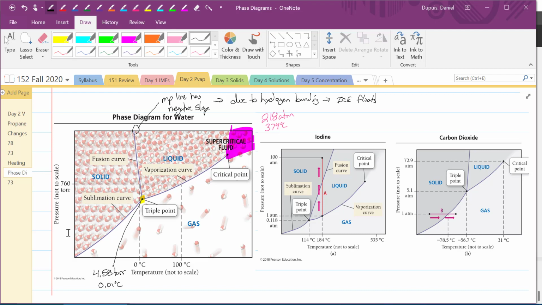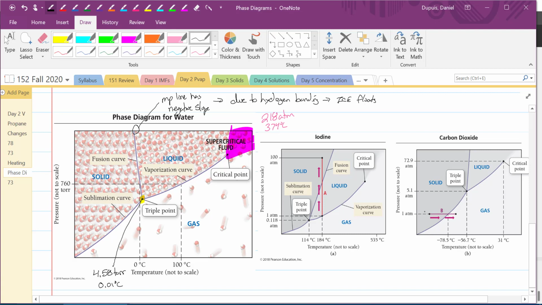Look at carbon dioxide over here. I've got 1 atmosphere down here. So 31 degrees Celsius is there, negative 50. So carbon dioxide is a gas. You can liquefy it. If you're at, let's say, 25 degrees Celsius and you pressurize it, it can be a liquid. If you cool it down pretty cold, it becomes a solid. It does freeze.